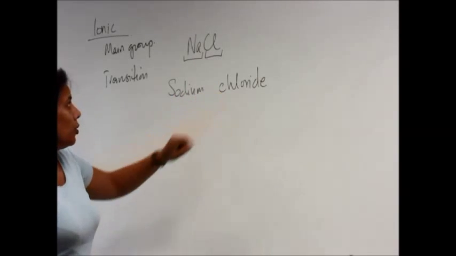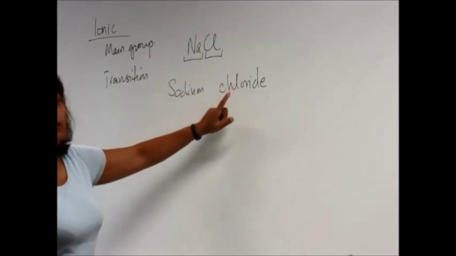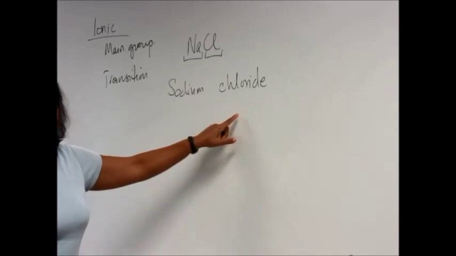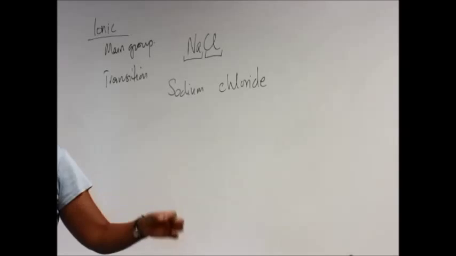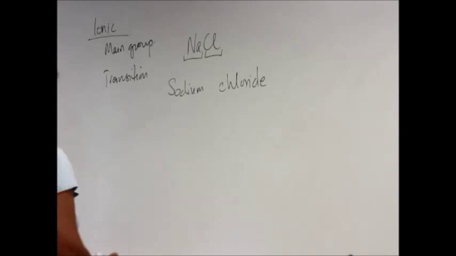So sodium chloride. Sodium does not change its name, but the anion will change its name. That's always going to happen, the anion, or the second element, is going to change the name.